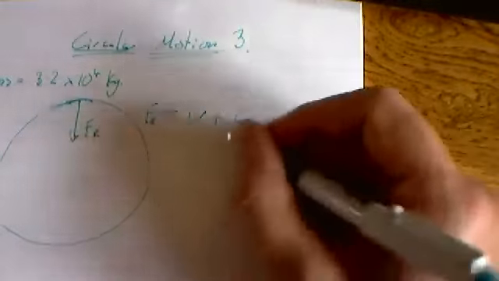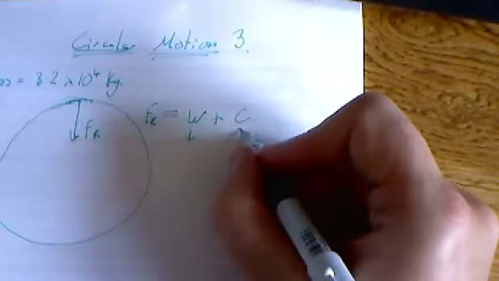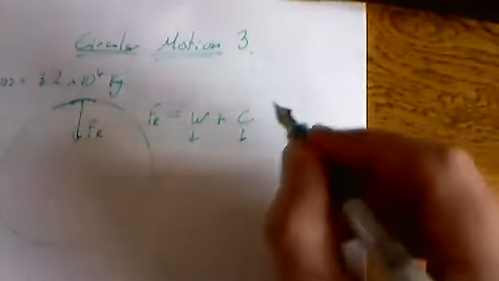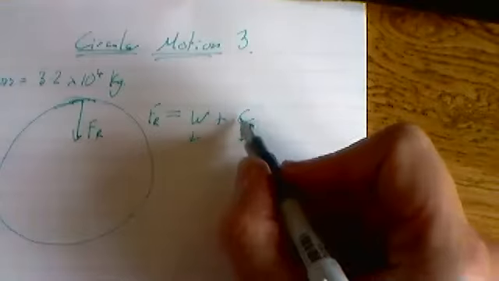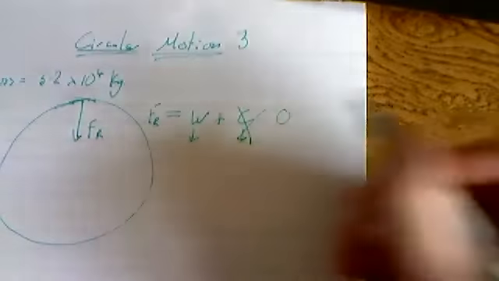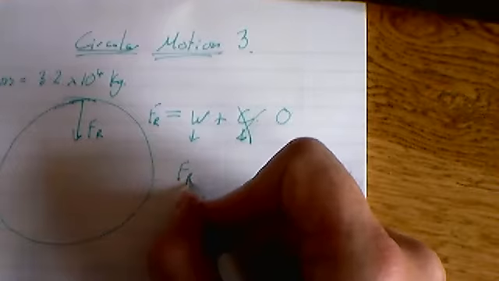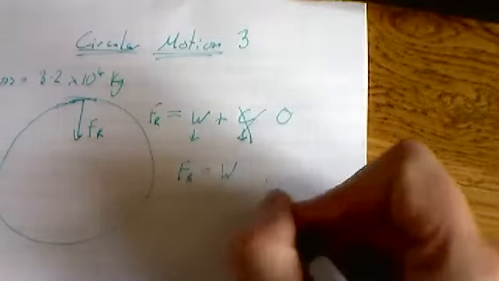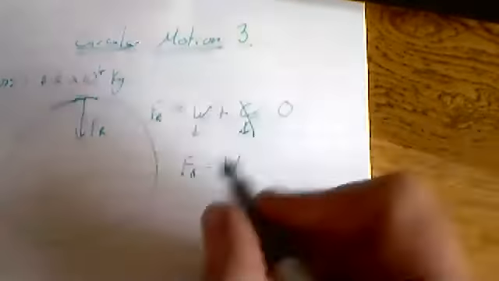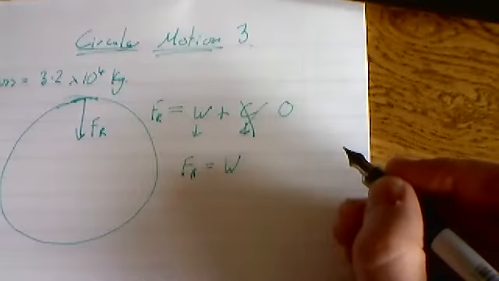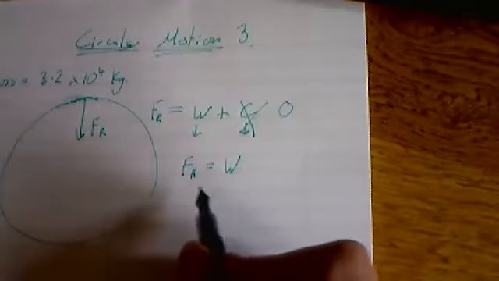Both of those are going to be downwards, and those two added together will make the pilot do that loop. But the pilot feels weightless. He doesn't feel the seat, so that contact force is going to be zero. And that means that for our pilot, the resultant force is just going to be the pilot's weight. It's causing him to do that circle. Okay, so that's the answer to part one.